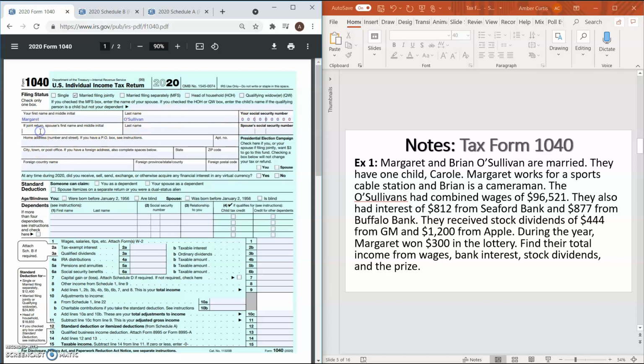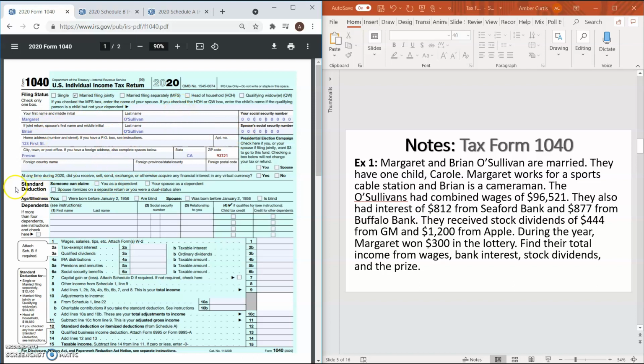We have her spouse, Brian O'Sullivan, his social security number, their address, and that's pretty much it for the first section.